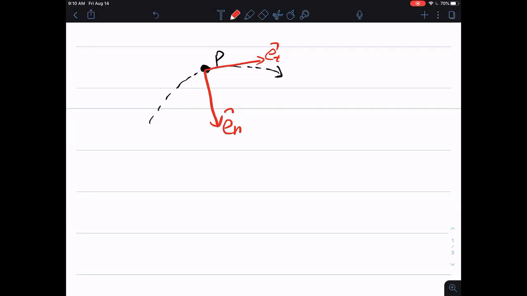And why does e_n have to point in that direction? Can someone tell me why e_n is there in that way? Why can e_n point in that direction? Go ahead. Point to the center. Yeah, that's to point into the center of curvature.